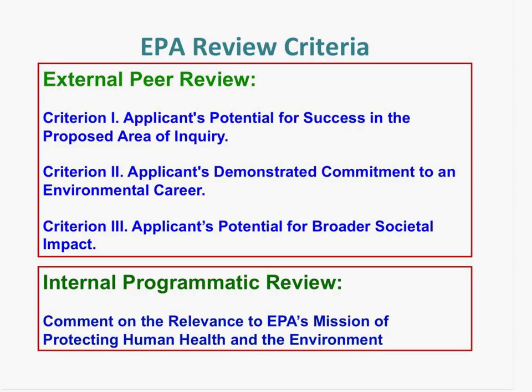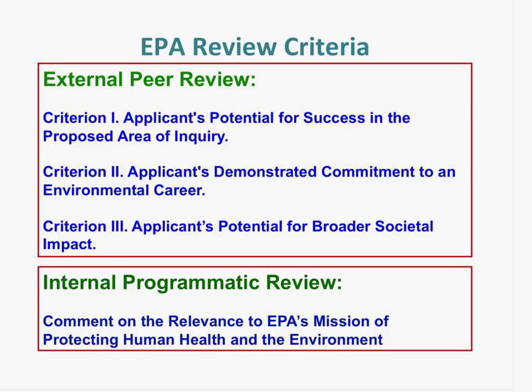After the external review at EPA, those that receive a score of excellence go on to the second phase of review, which is our internal programmatic review. And there's a criterion for the programmatic review, which is basically, the applicant's description of the research, how well does it fit EPA's mission.